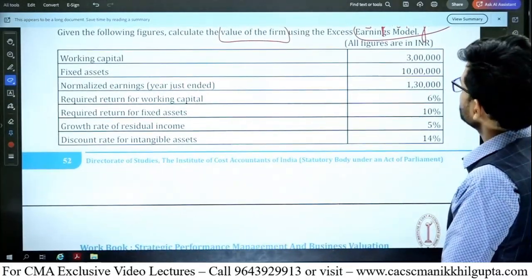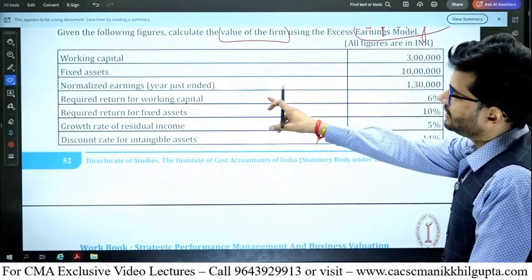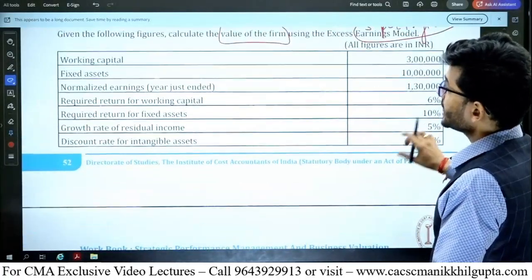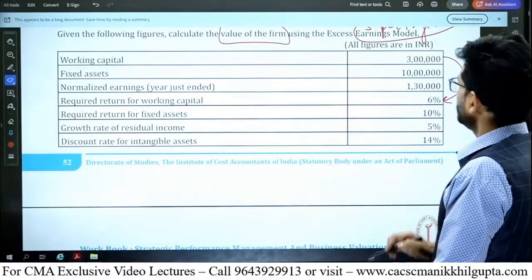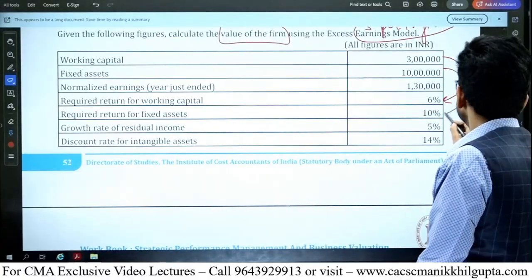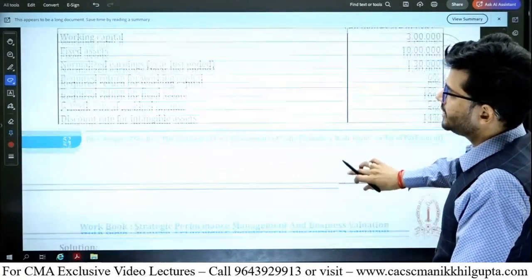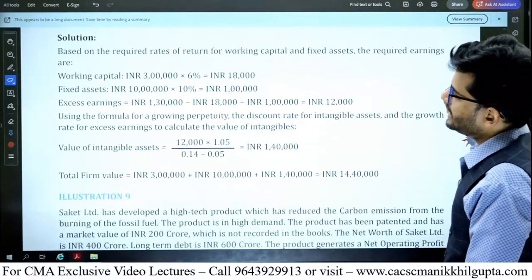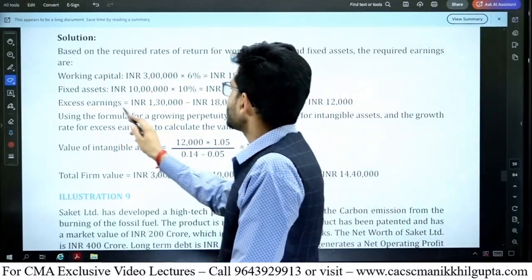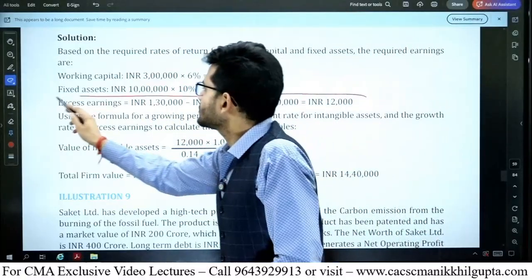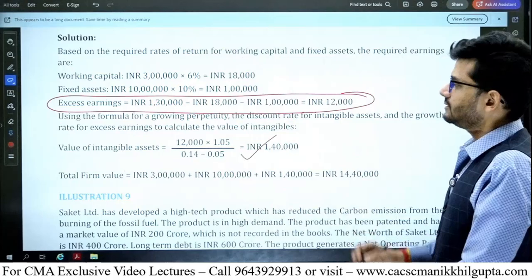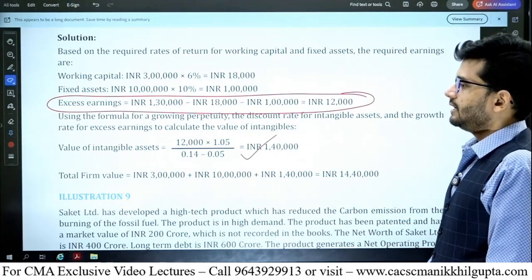Working capital is given to you, fixed assets is given to you. Normalized year earning, which means actual earnings which are there, 1,30,000. Required return for working capital and required return of fixed asset, and growth rate is given. Discount rate of intangibles is also given to you. Again, working capital income, fixed capital income and excess earnings are calculated as 12,000. Using formula growing perpetuity, we calculate the value of intangibles.